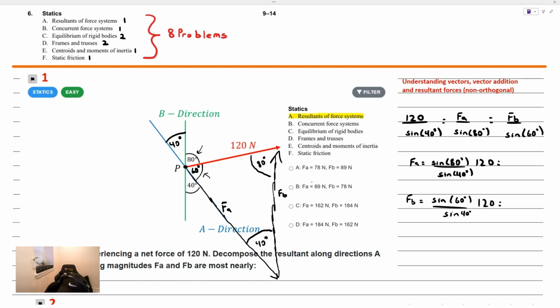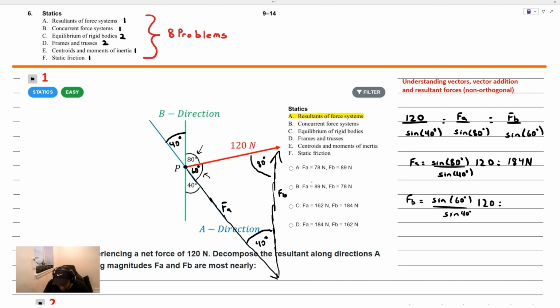Let's plug this into the calculator and see what we get. 120 multiplied by the sine of 80 divided by the sine of 40. I'm getting around 184 newtons here when I round it.